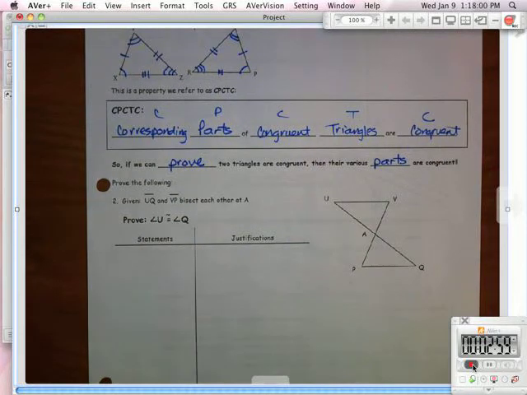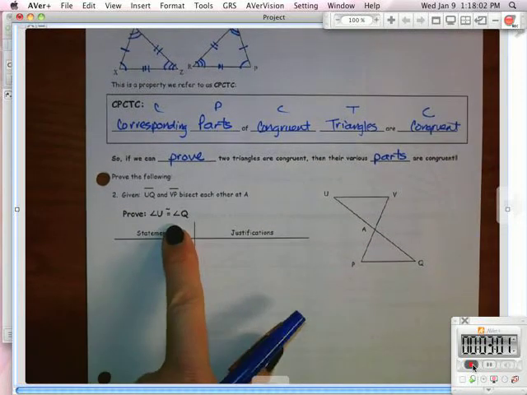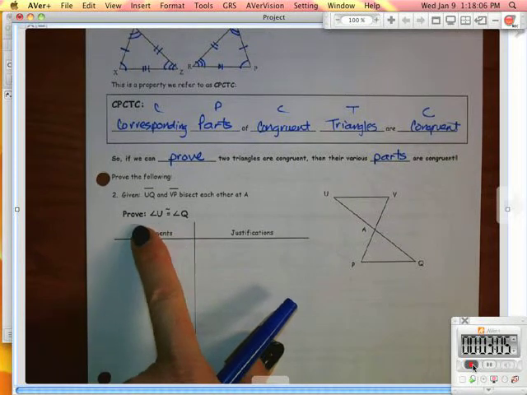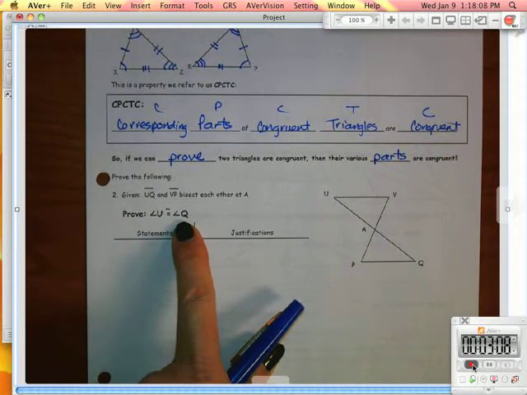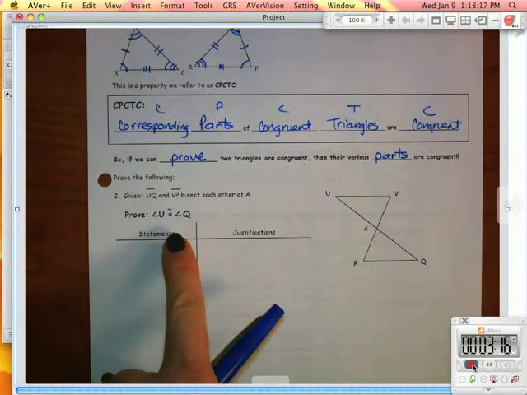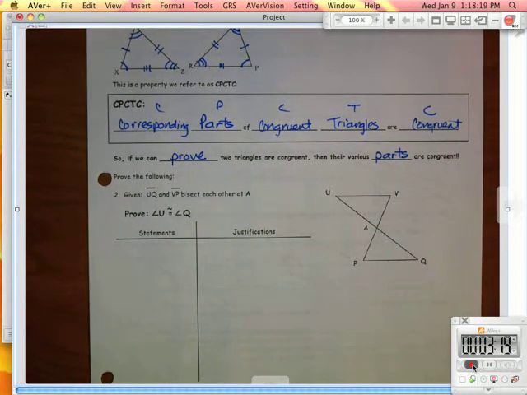Well, now they're asking me something different. They're asking me a part. You say, okay, prove that angle U is congruent to angle Q. Well, it's the same thing. We still have to prove the triangles are congruent, and then we can say these parts are congruent because of that thing. Okay? So it's one more little tiny step that we have to do.